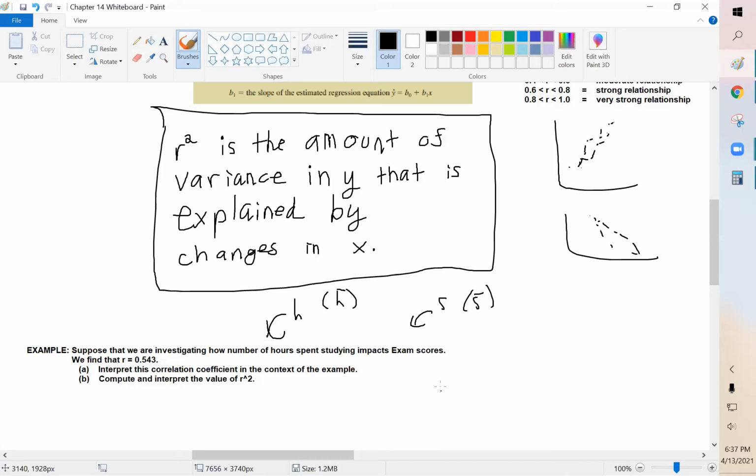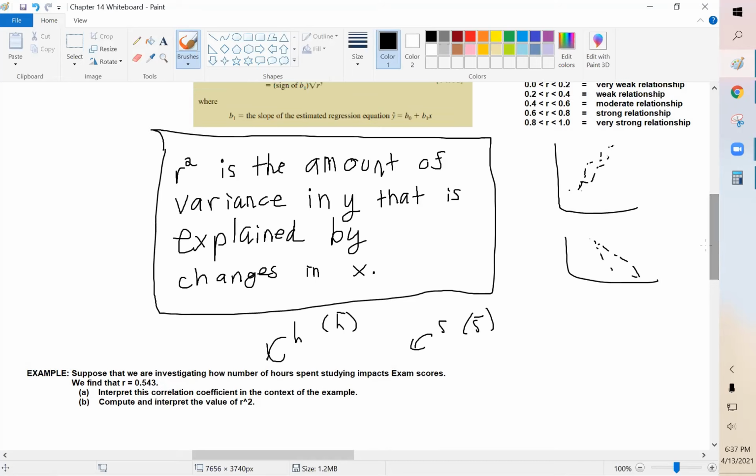In this case, we recall that 0.54 means there's a moderate relationship. So we say there's a moderate relationship between hours spent studying and exam scores. If you stop there, you get most of the partial credit, you don't get all of it. The reason why is because you should say that there is a positive relationship between hours spent studying and exam scores, because that R is positive.